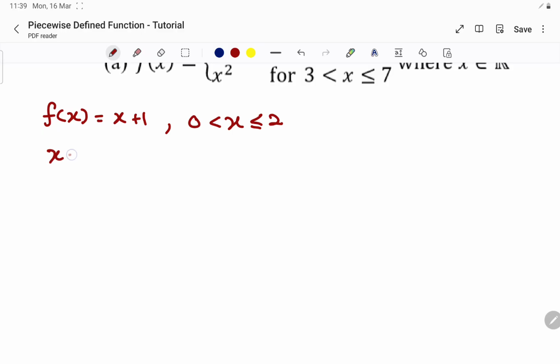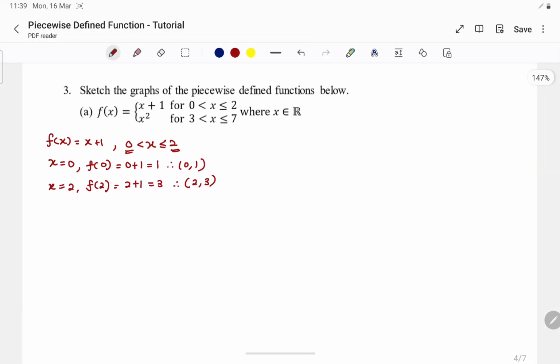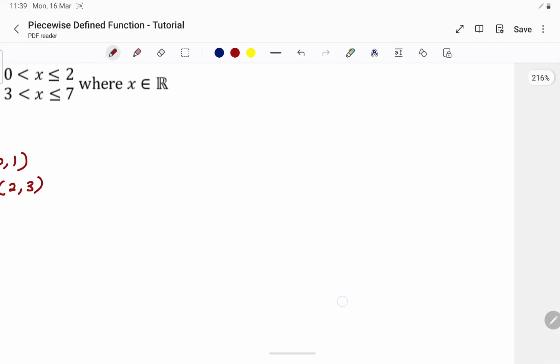Let x equal 0, then f(x) is equal to 0 + 1, which is equal to 1. So you get one coordinate, (0, 1). The next one, you take the value of 2, so you get f(2) equal to 2 + 1, which is equal to 3. You get another coordinate, (2, 3). So here you draw.